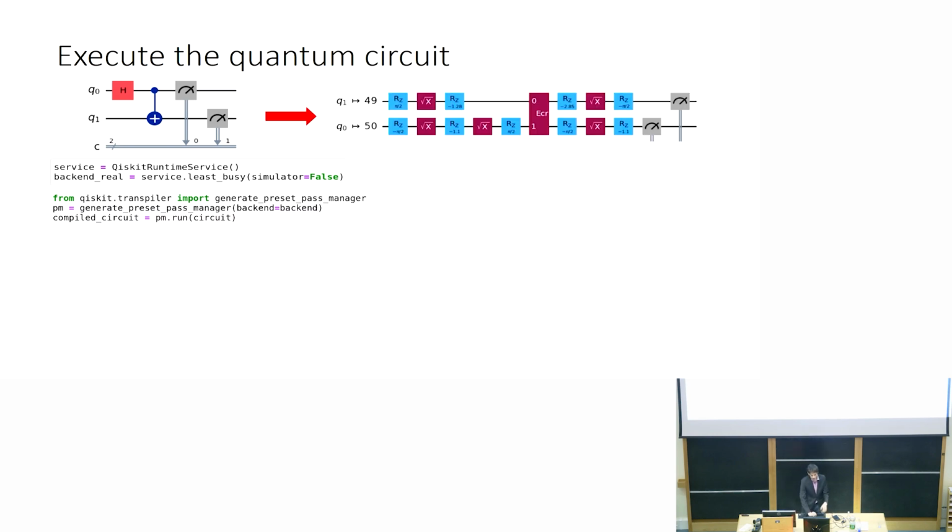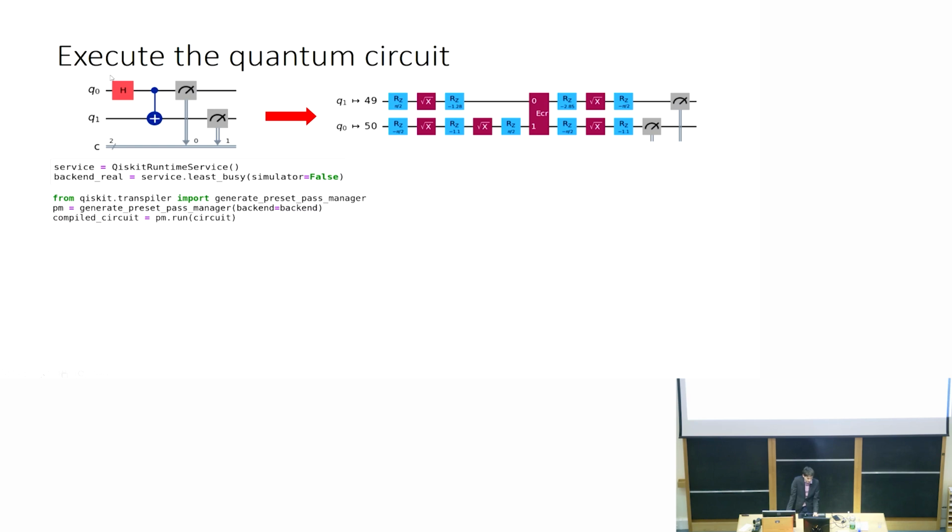When you do it, in this case, I have prepared this in advance. The circuit looks like this. What you have basically is that this CNOT is translated to such a 2-qubit operation, which is almost a CNOT, apart from some additional phase shifts.